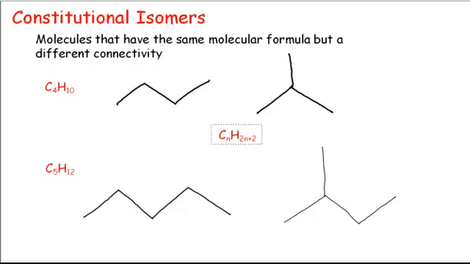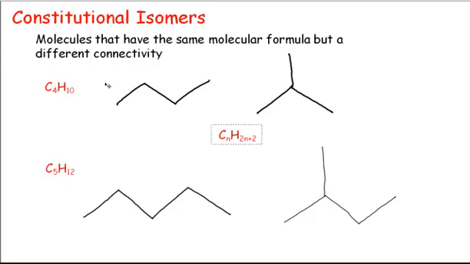If you plug in 5, 2n+2 will add up to 12. So any hydrocarbon that you draw that does not have any rings or any double bonds or triple bonds is going to fit this general formula, CnH2n+2.